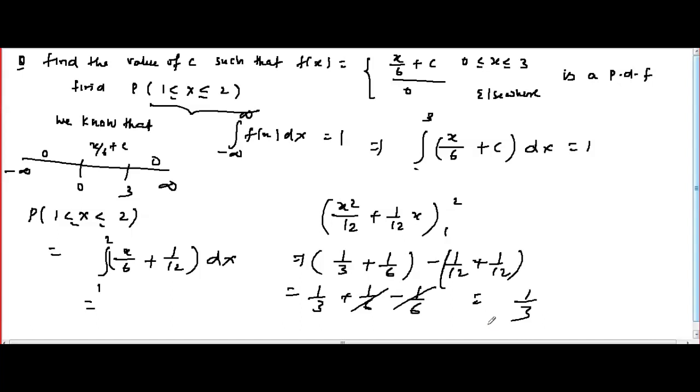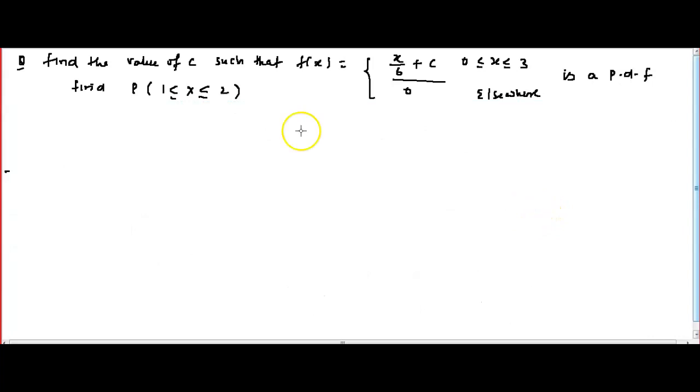So this is how we have to solve it. Consider this the same type of discrete and continuous probability distribution. Also they can ask to find the value of mean and variance. If the mean and variance question is not given, then just leave it, we'll do it in another class.